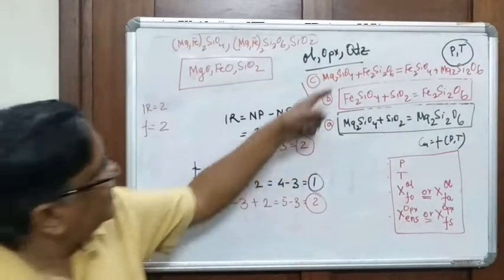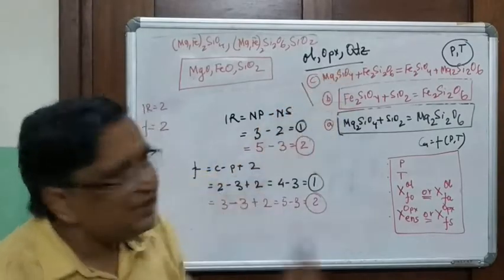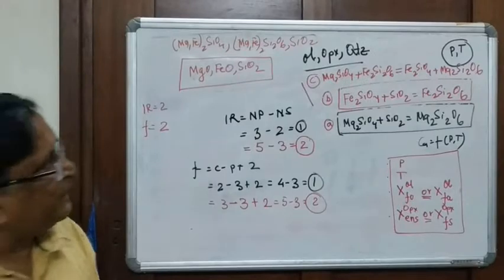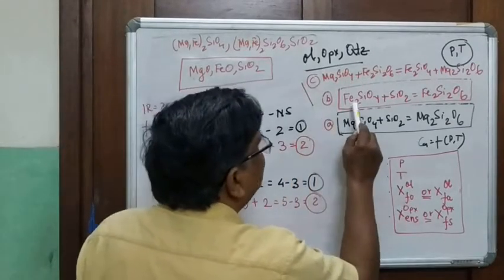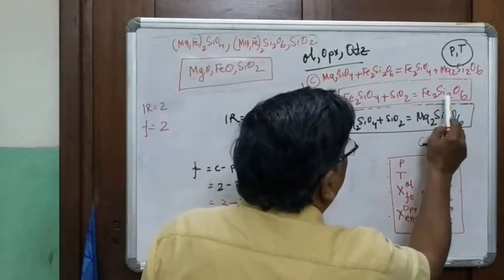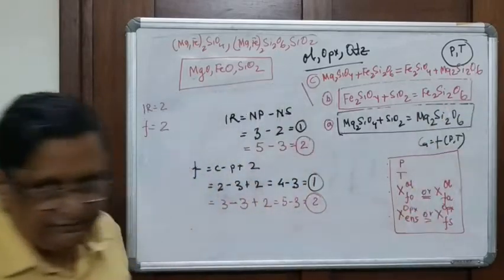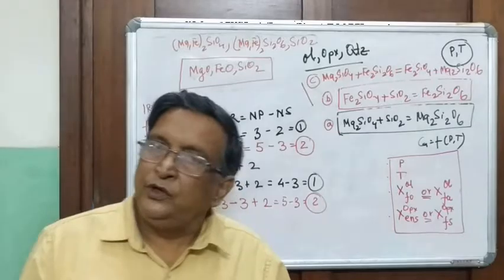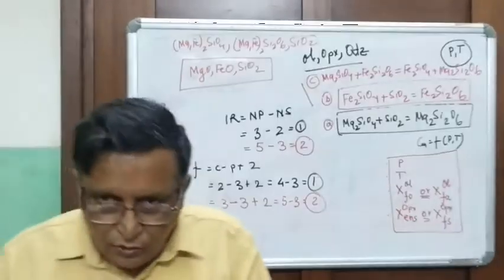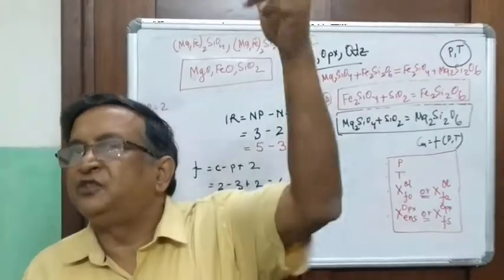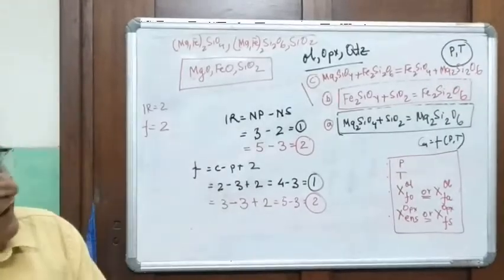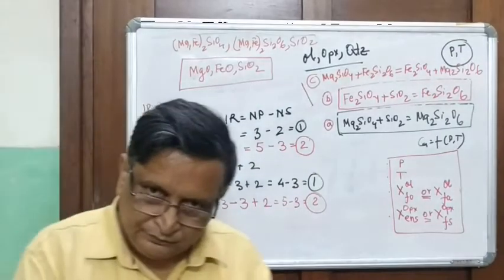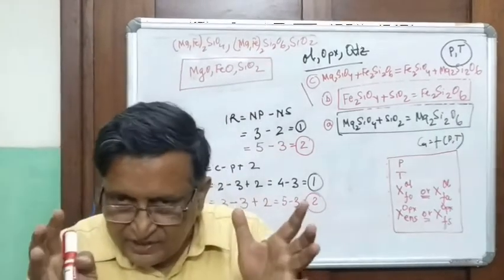Why? Subtract B from C. You will get back to this reaction. If you subtract B from C, then you see the Fe2Si2O6 will all cancel off. And you will get back A. So you can use any two of the 3 reactions to find out the variables. So that is how it is.